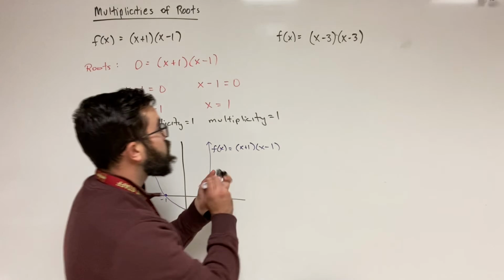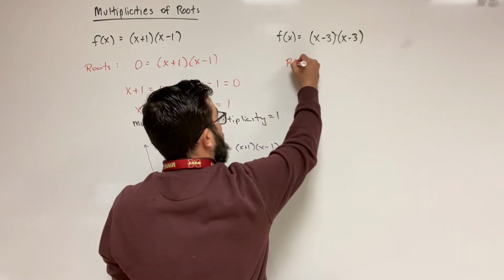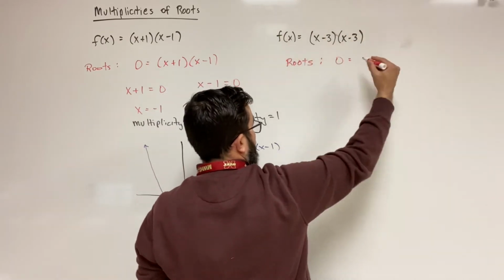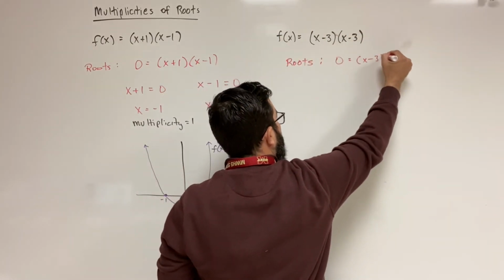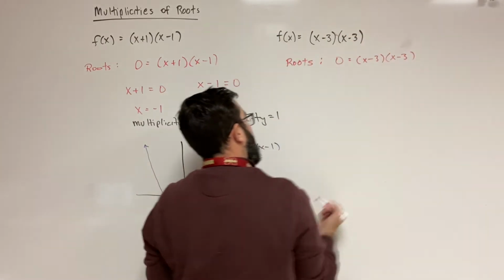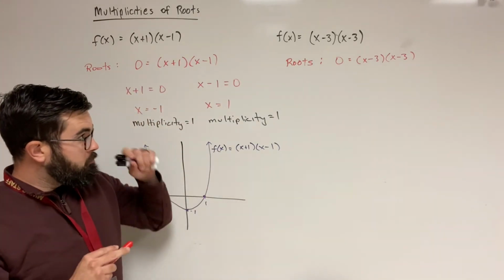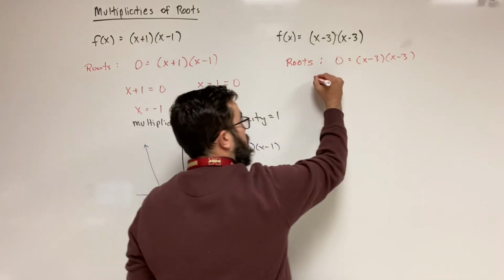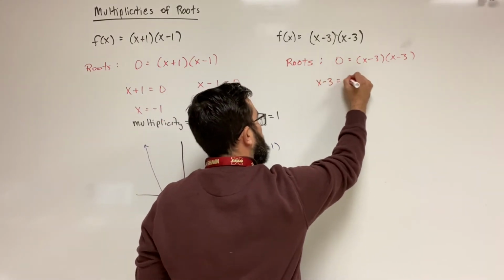So finding the roots of this, again, same process. Set the function equal to 0. Use the zero product property.